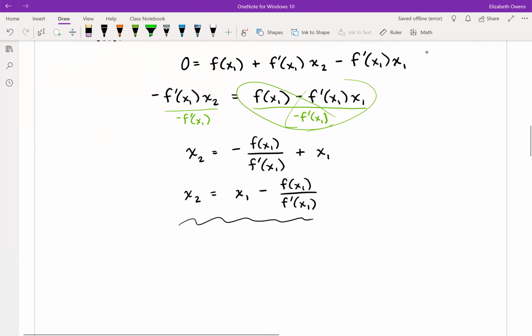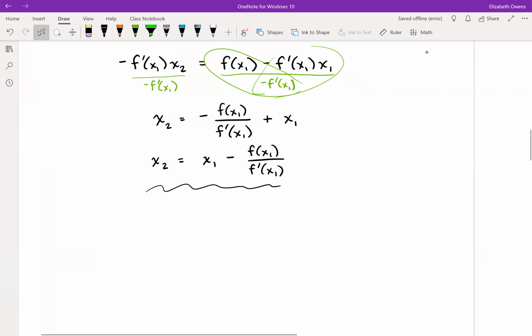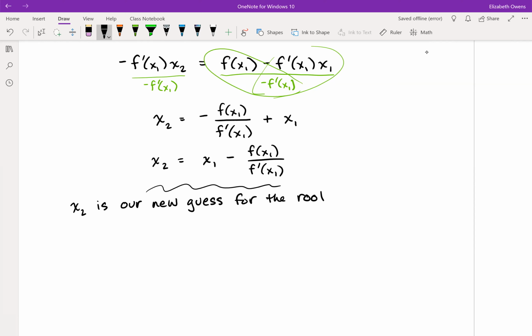Okay, and so this value x2 becomes our new guess for the root that we're looking for. x2 is our new guess for the root of f of x. And then we're going to do this exact same process over again.